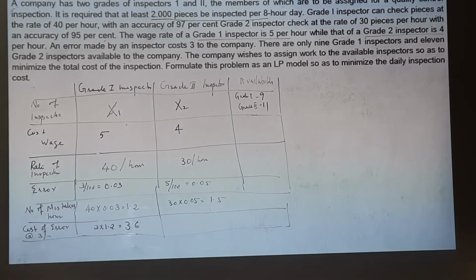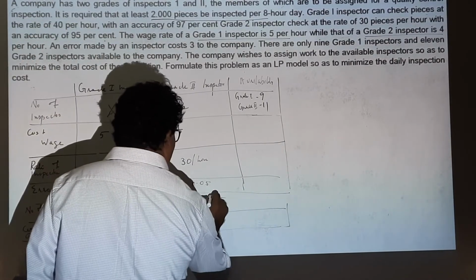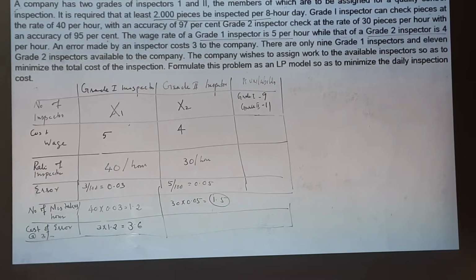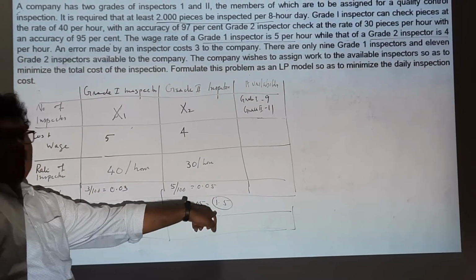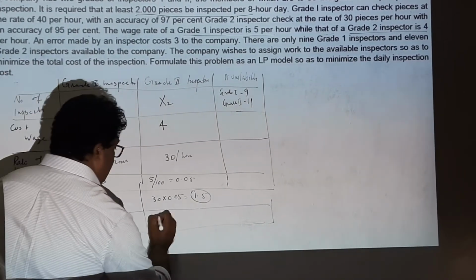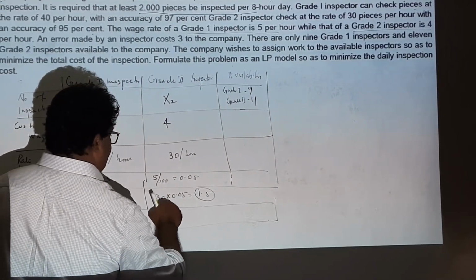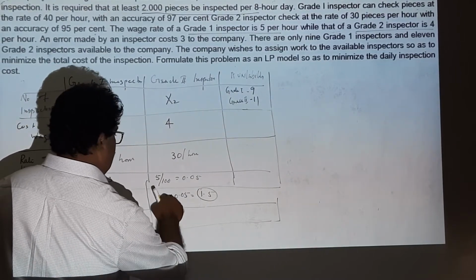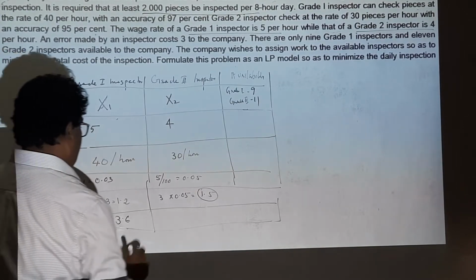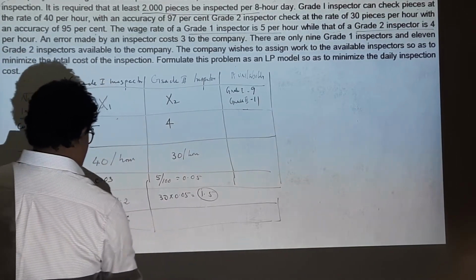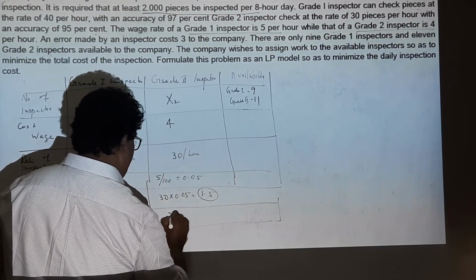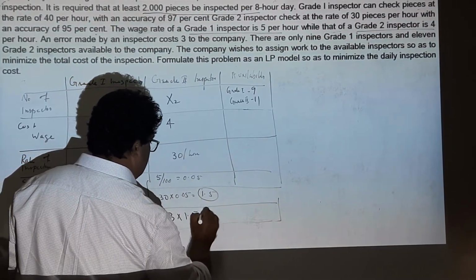Here it is 1.5 pieces in 1 hour. The error cost to the company is, for 1 piece, 3 rupees. So for 1.5 pieces it is 3 multiplied by 1.5, that is 4.5.